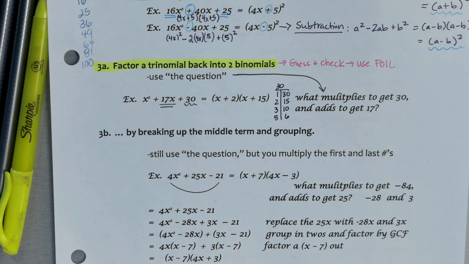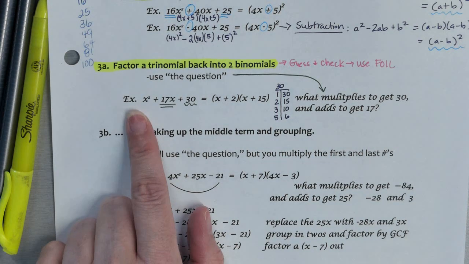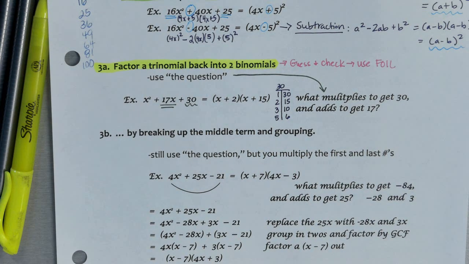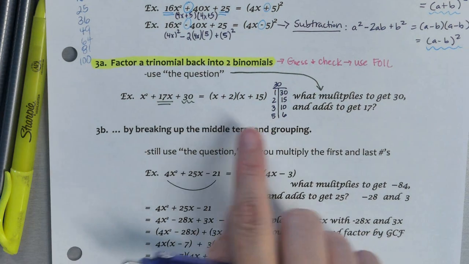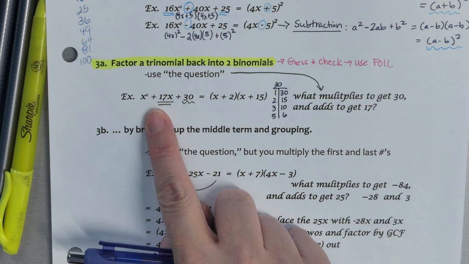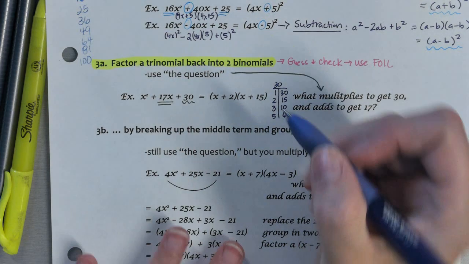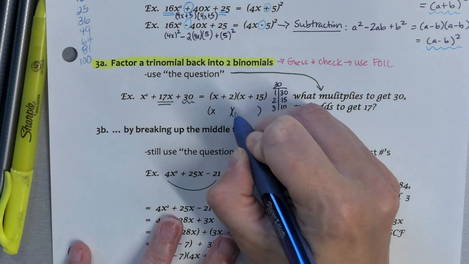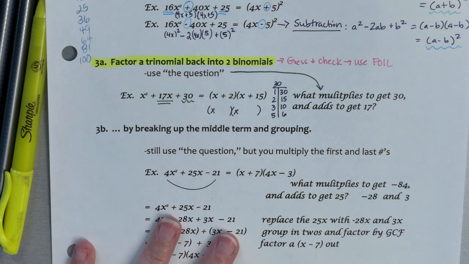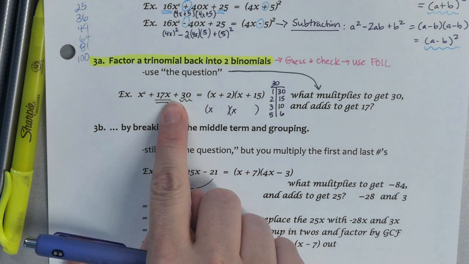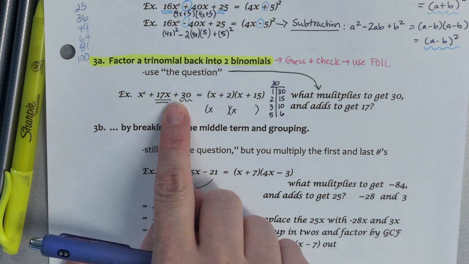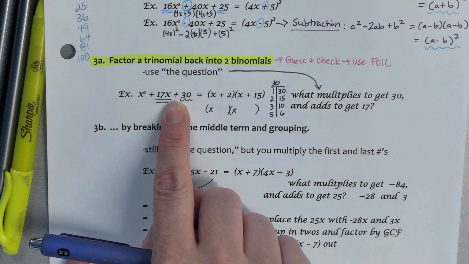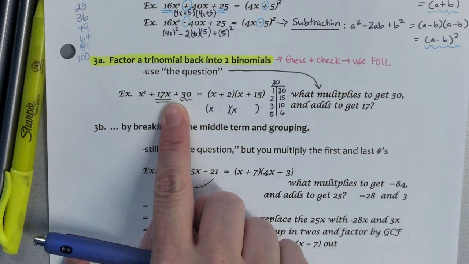So if you have a leading coefficient of 1, if 1 is in front of x squared, you can just find which 2 in this case add, because when you are doing this process, you're going to start with x times x, and then you know that if it multiplies to a positive, it's either both positive or both negative.